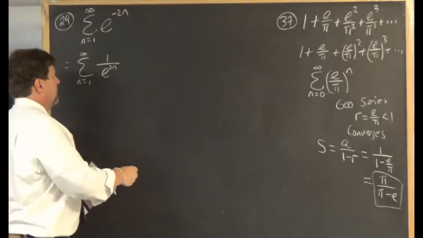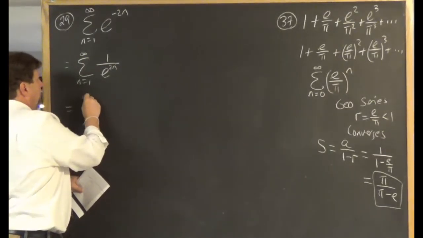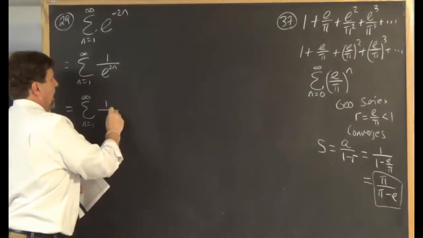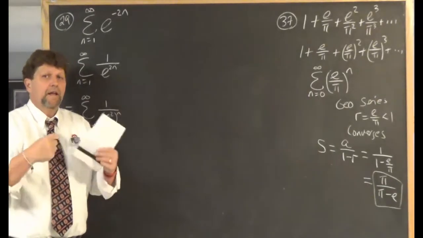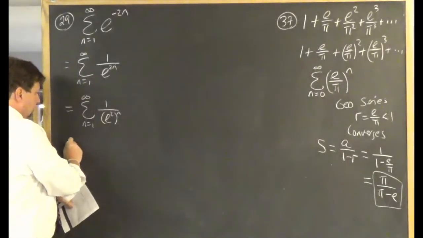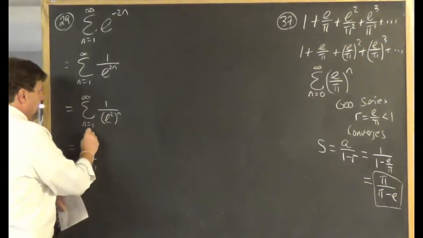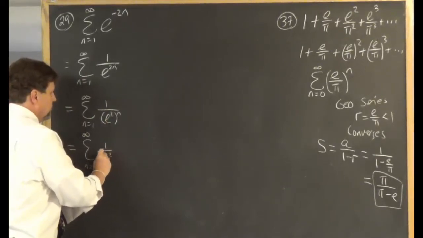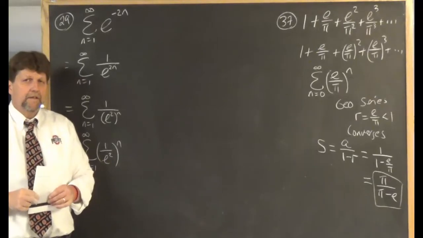Next, a rule of exponents allows me to rewrite e to the 2n as e squared to the nth power. Next, a rule of exponents allows me to rewrite this fraction as 1 over e squared, the whole thing to the nth power.